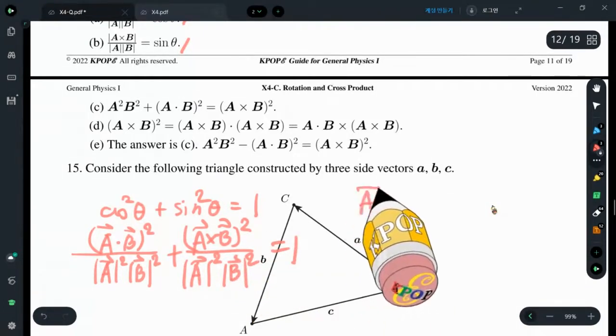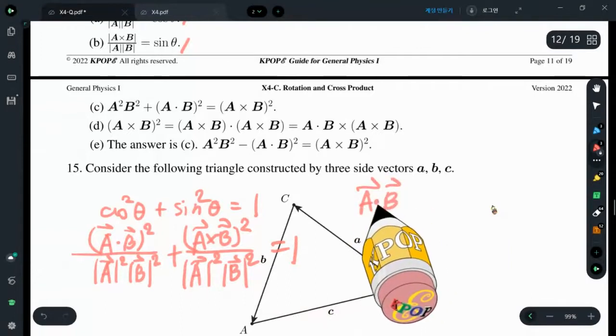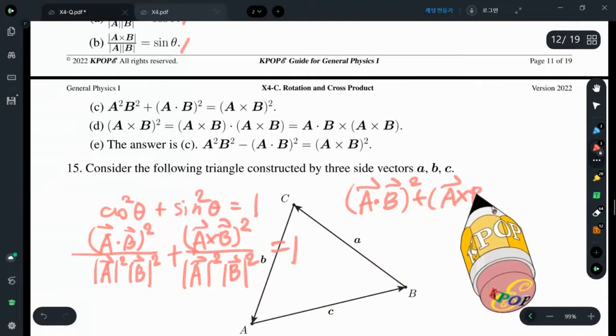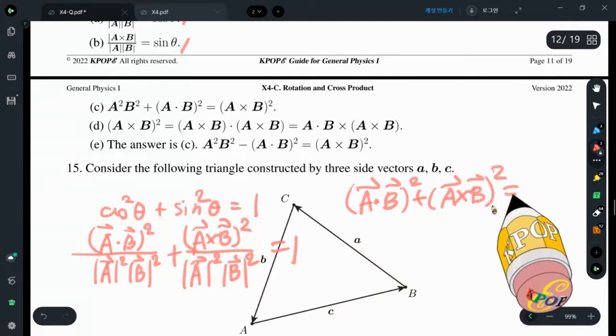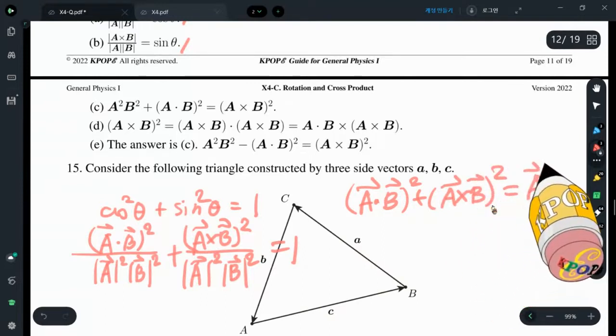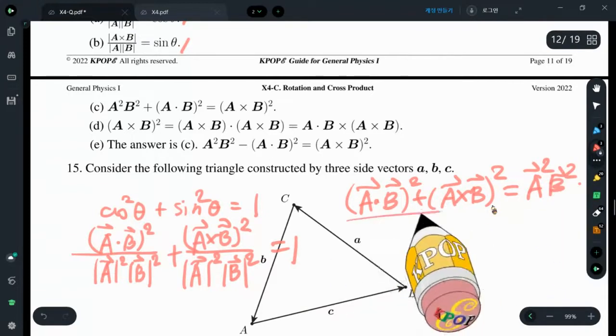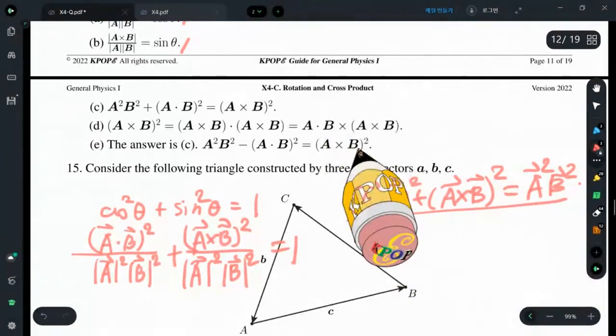That means the A dot B scalar product squared plus the cross product squared equals A vector squared times B vector squared. This one is also an important formula.